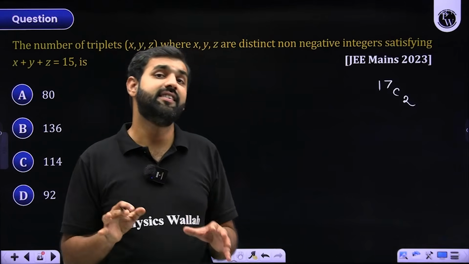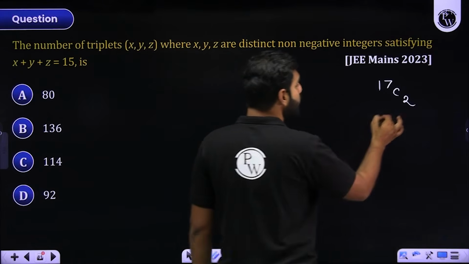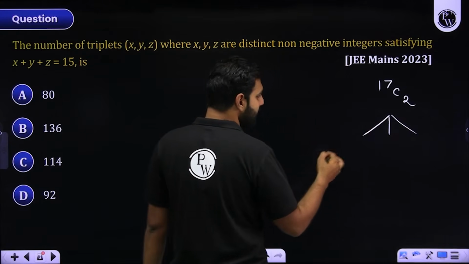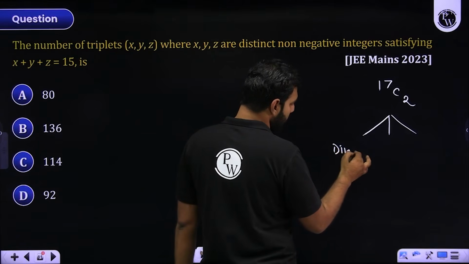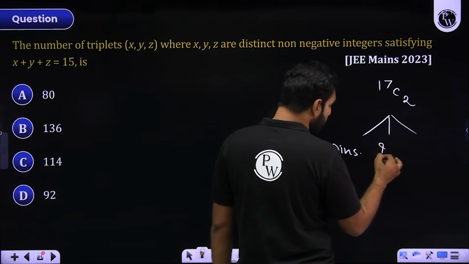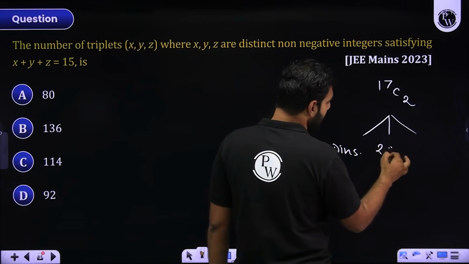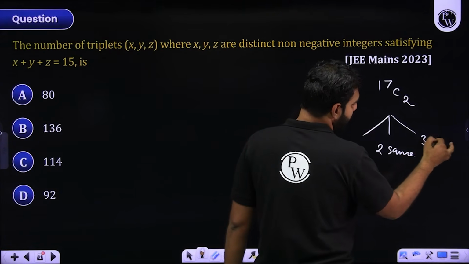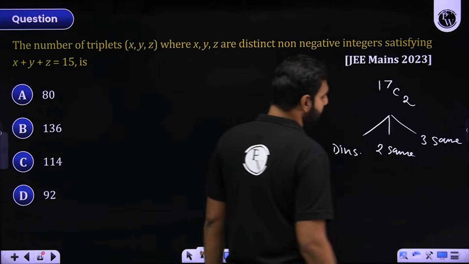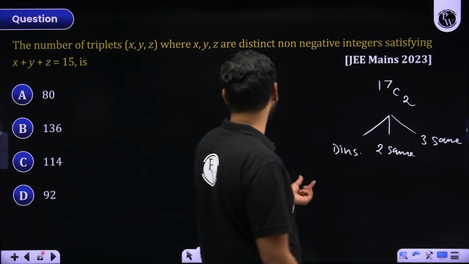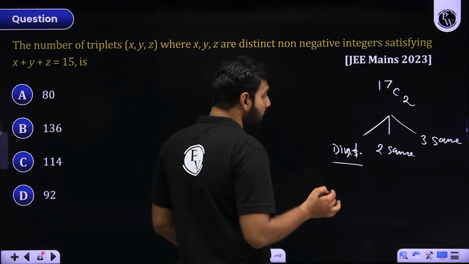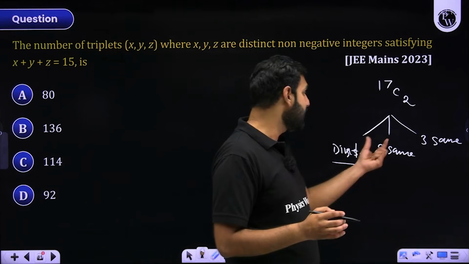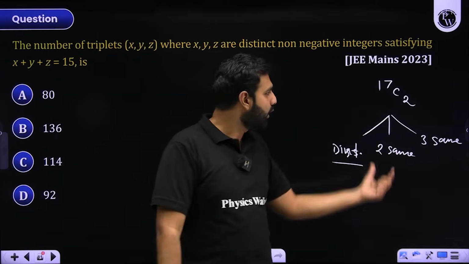So this 17C2 includes which kind of cases? It includes the cases when all of them are distinct. It includes when 2 of them are the same, or when all 3 of them are the same. So when somebody asks me that I need to keep all 3 of them distinct, then I should exclude these 2 cases out of the total cases.